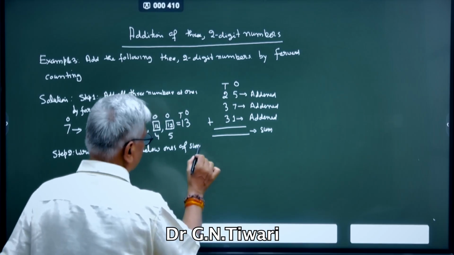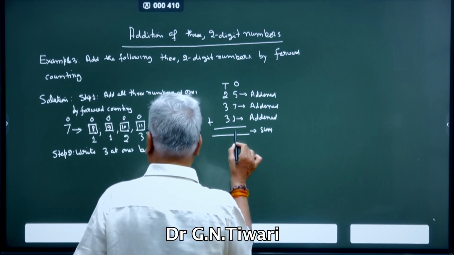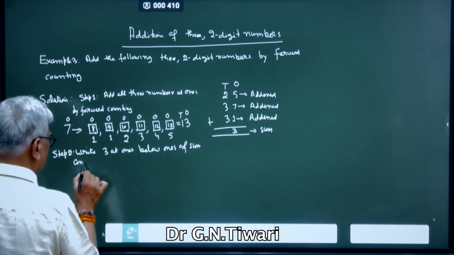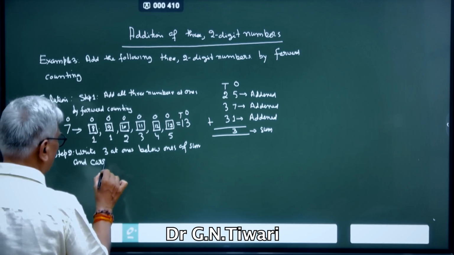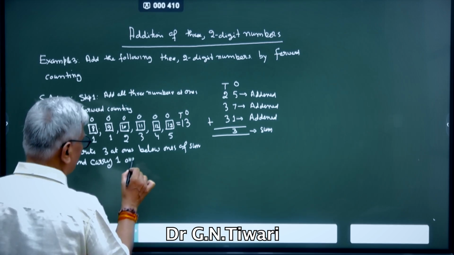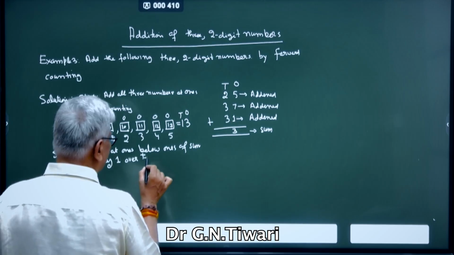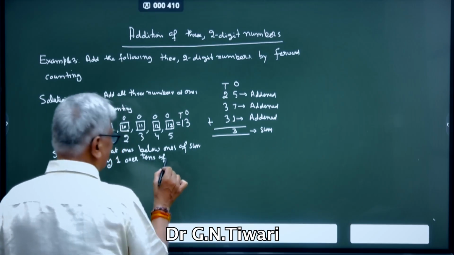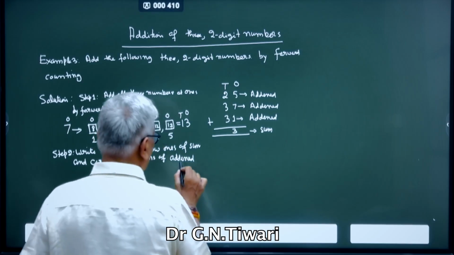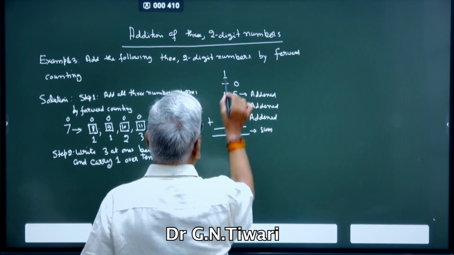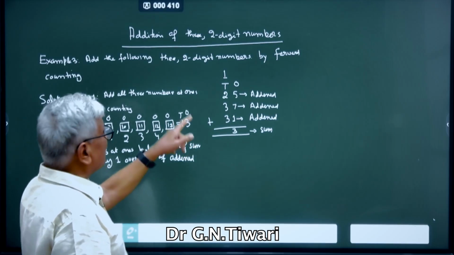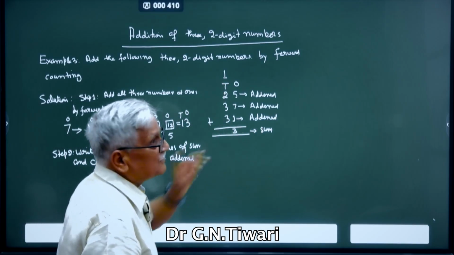I have improved this a little here. So the sum is this, so here you have to write 3 and carry 1 over the tens of addend. That means you write 1 here. So this 3 at once is written below the ones in sum.